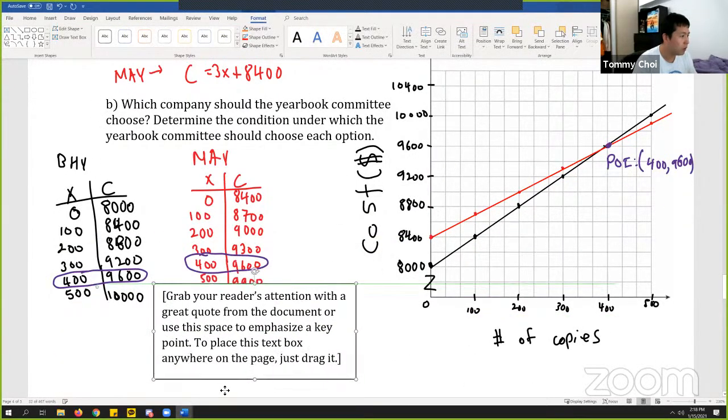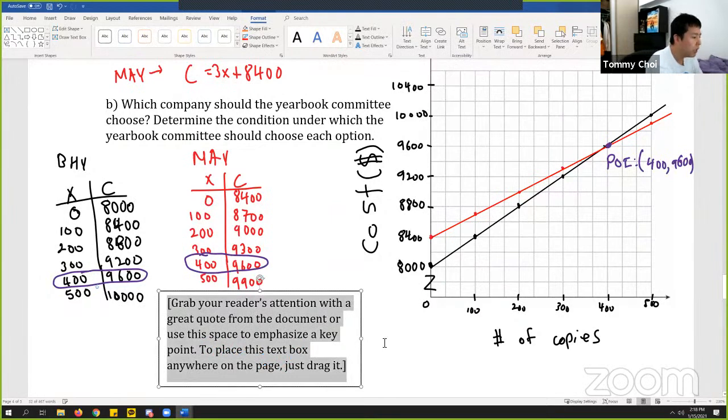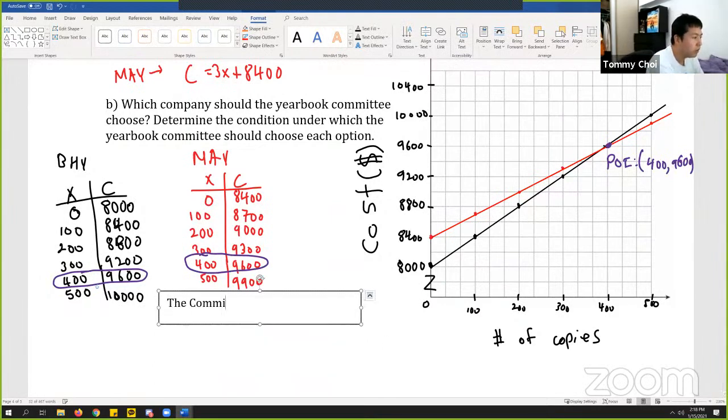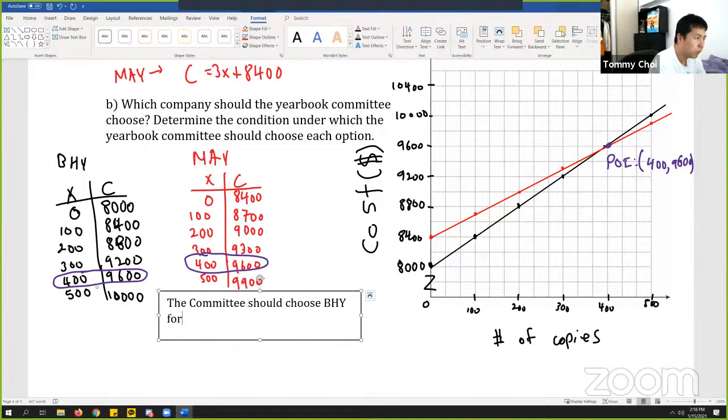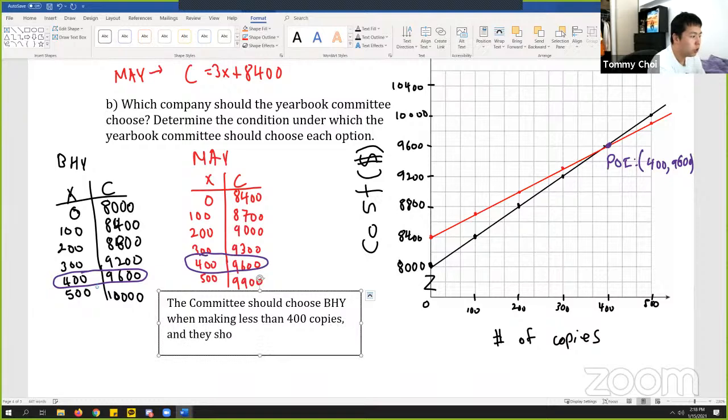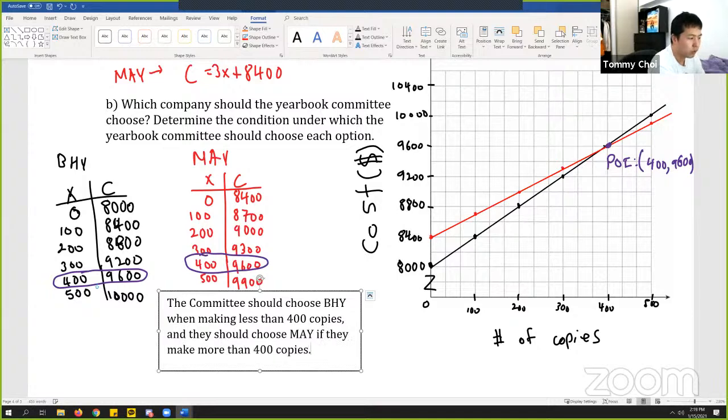Put that right there. And let's say, and we'll say the committee should choose BHY for when making less than 400 copies, and they should choose MAY if they make more than 400 copies.